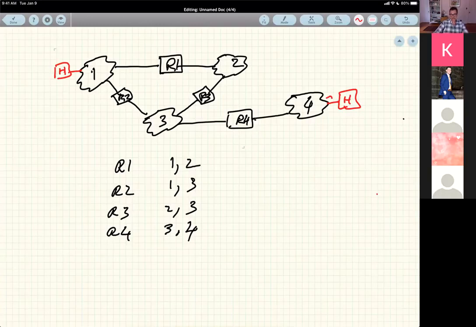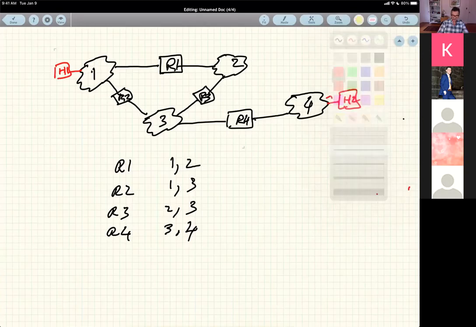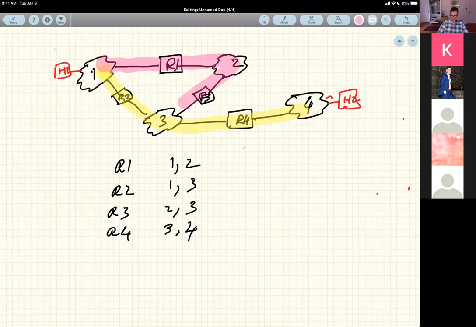So if I want to send a message from host 1 to host 2, then the message clearly can go several different ways, right? There's multiple paths that takes us from one to the other. Here's one path. Here's another path. Right? These are all different paths that go from network 1 to network 4.